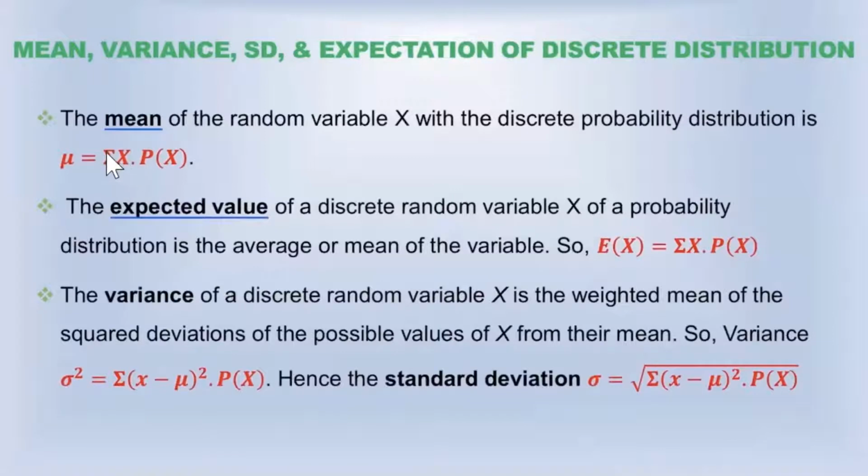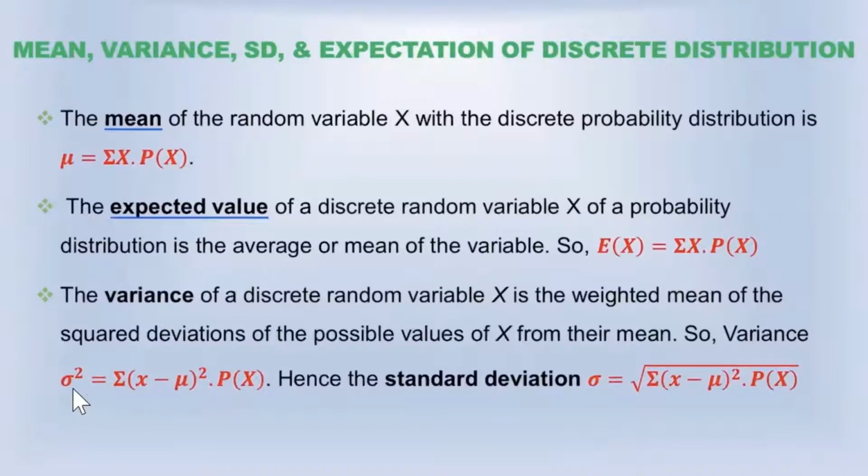It is the sum of x, the random variable, times the probability P of x. Please write down that formula in your notes. Mean or expected value is equal to the sum of x times P of x. That is the first formula that you need to know.